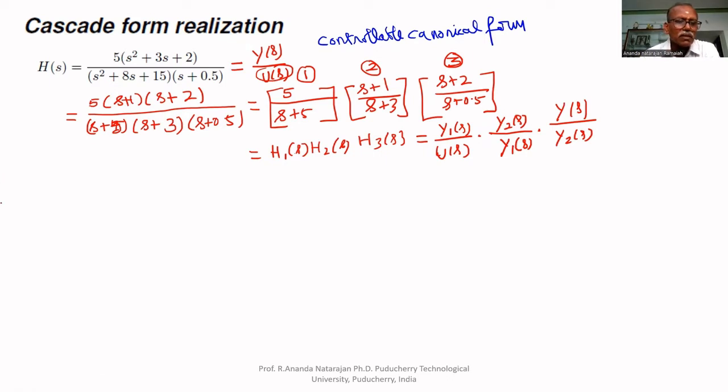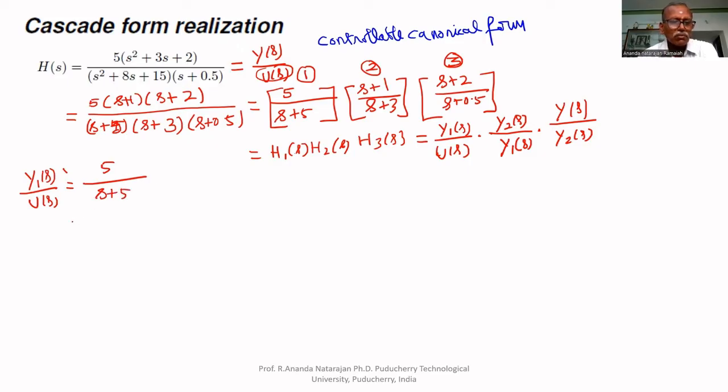Now consider the first, Y1 of S upon U of S, that is equal to 5 upon s plus 5.